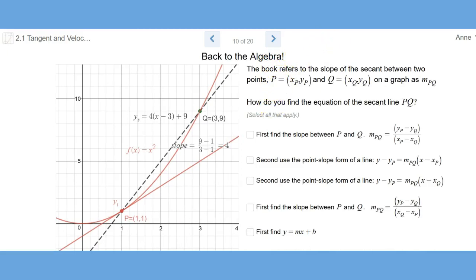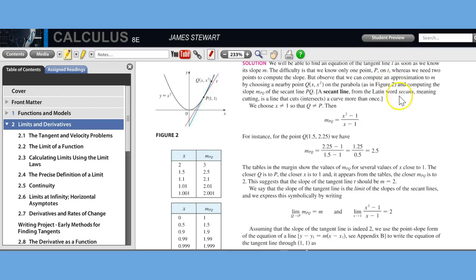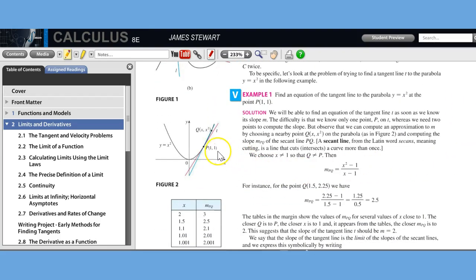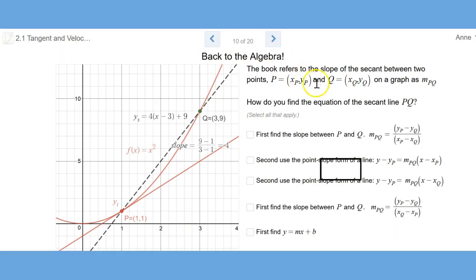I'm going to click over here to the ebook, and the ebook has this example. It shows the point P is the one that we're interested in, 1, 1, and Q is the other point. It refers to the slope of that secant line as m sub PQ, so I've adopted that terminology here.